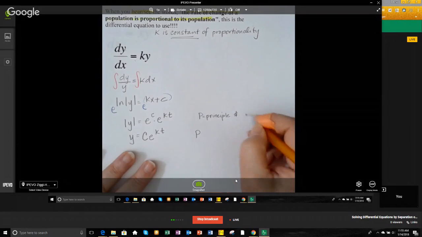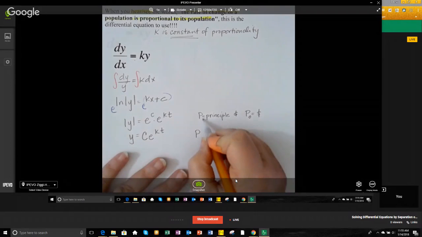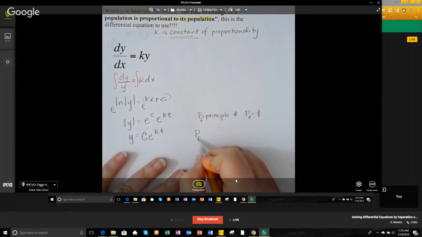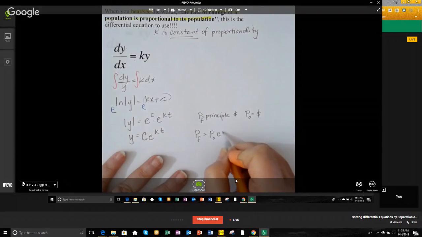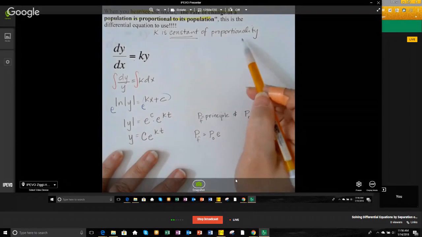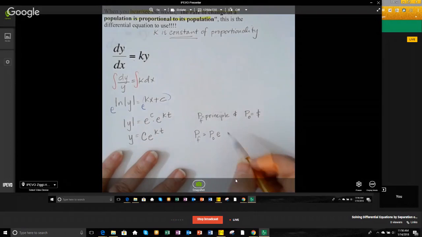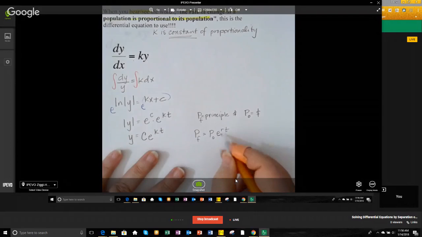So that's the original amount of money you invest, and this is your principal final. That's how much money you have in your account. That's going to be P original e to the kt, but believe it or not, the constant of proportionality in PERT is just the rate at which you're investing. So this will be P e to the rt.